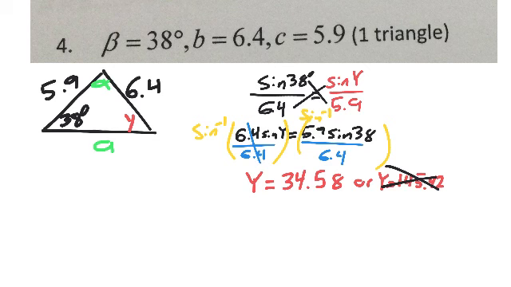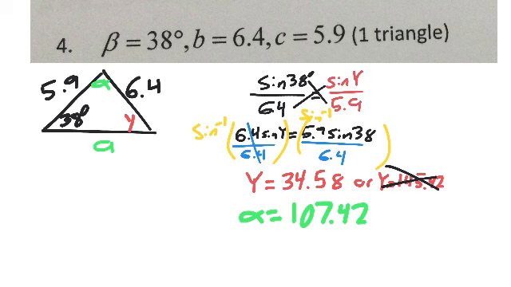So now if I know gamma is 34.58, I can find alpha because I know two of the three angles. So I would do 180 minus 38 minus 34.58. That's going to give me 107.42. So now I know alpha.